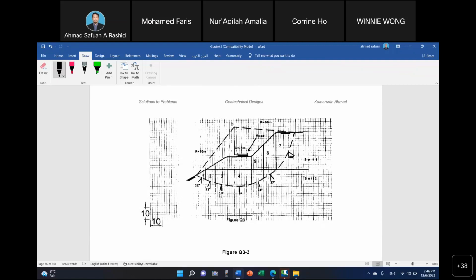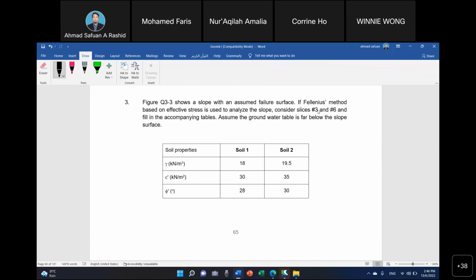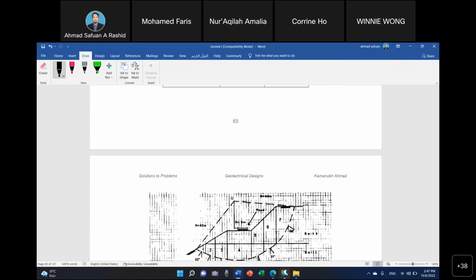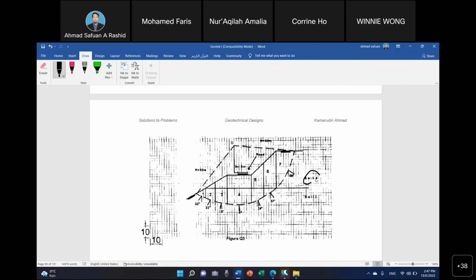So we try to solve problem number 3 and problem number 6. This is the parameter for soil number 1 and soil number 2. This is soil number 1 and this is soil number 2.